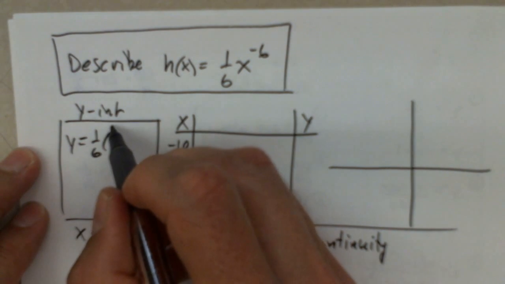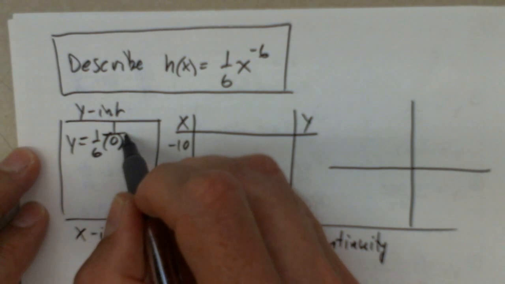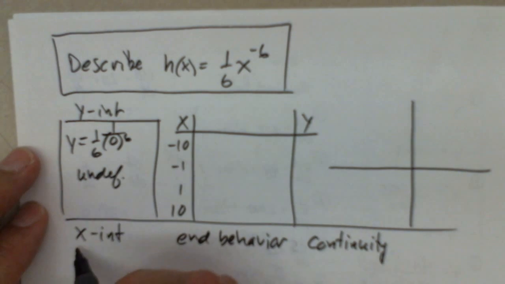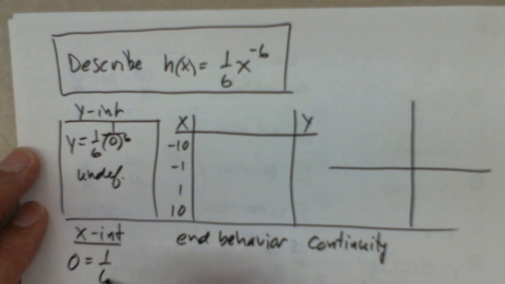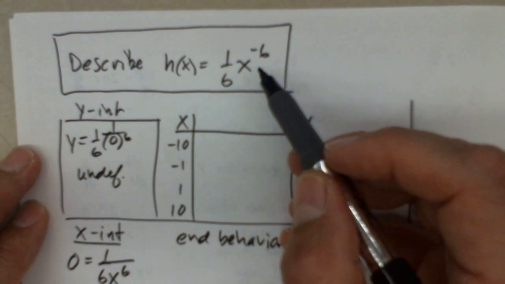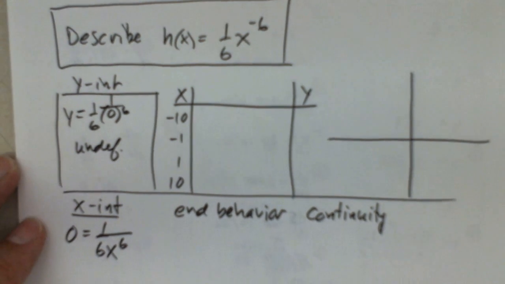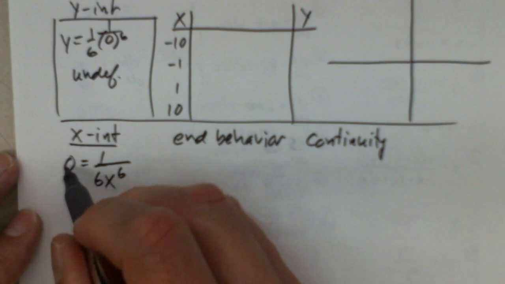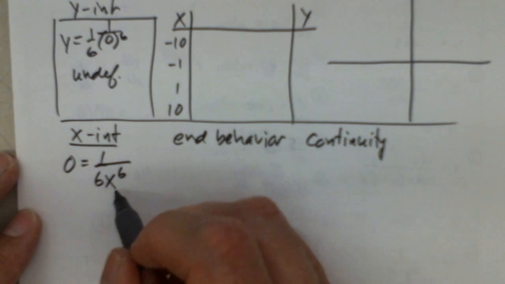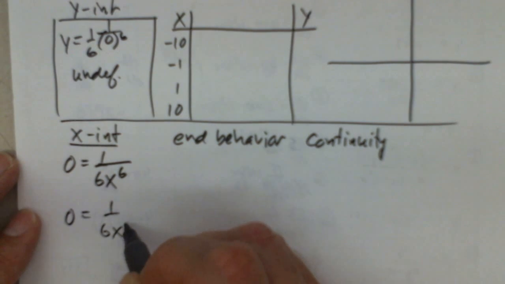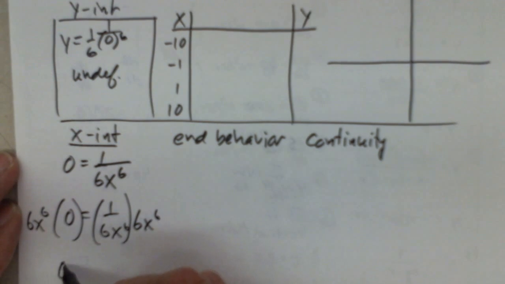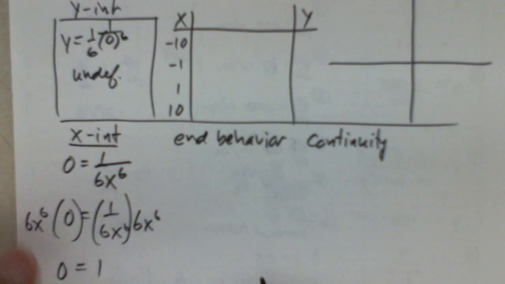I did it again. It should be 1 over 0 to the 6th. 1 over 0 is undefined. And 0 equals 1 over 6 x to the 6th, because the negative exponent makes you put it in the denominator. We can't divide by anything to get 0. We can also multiply both sides by this and see that we'll get 0 equals 1, and so that is no solution.